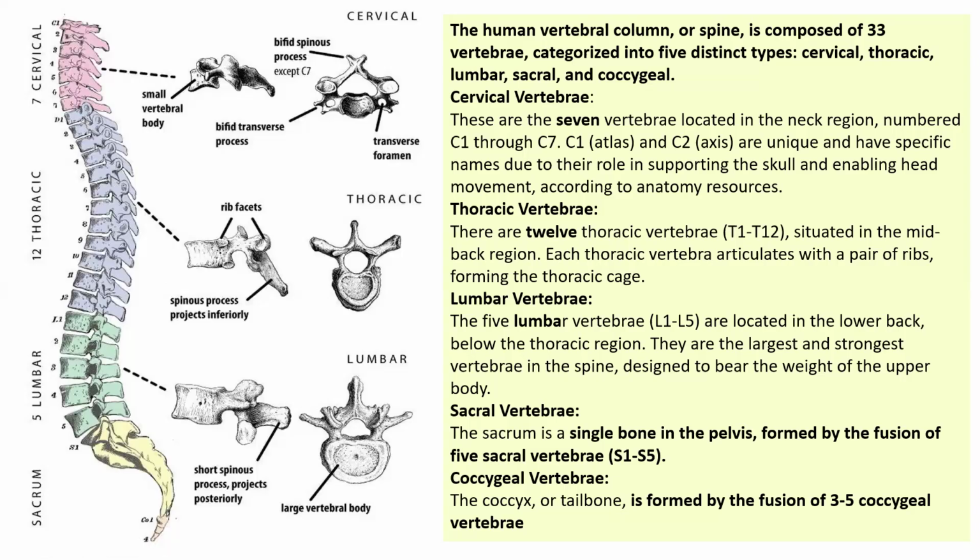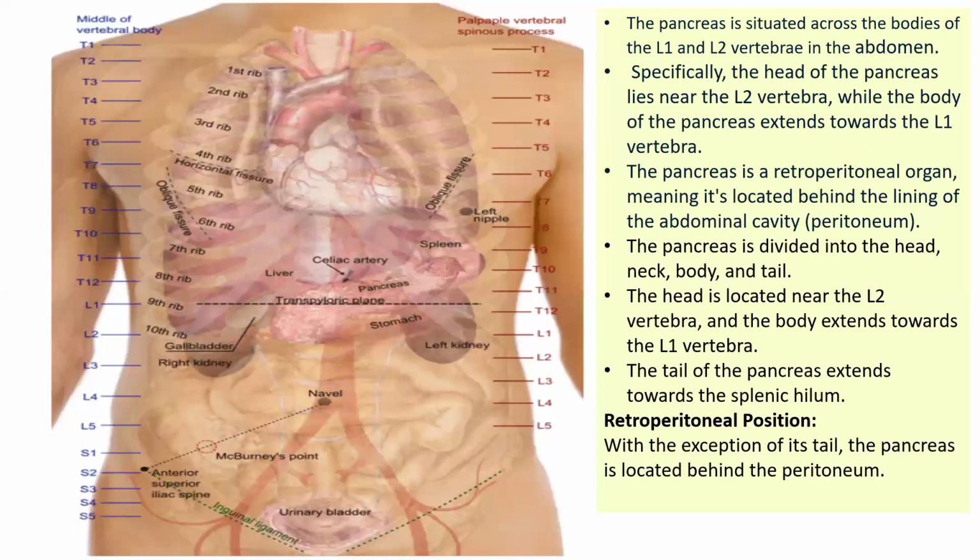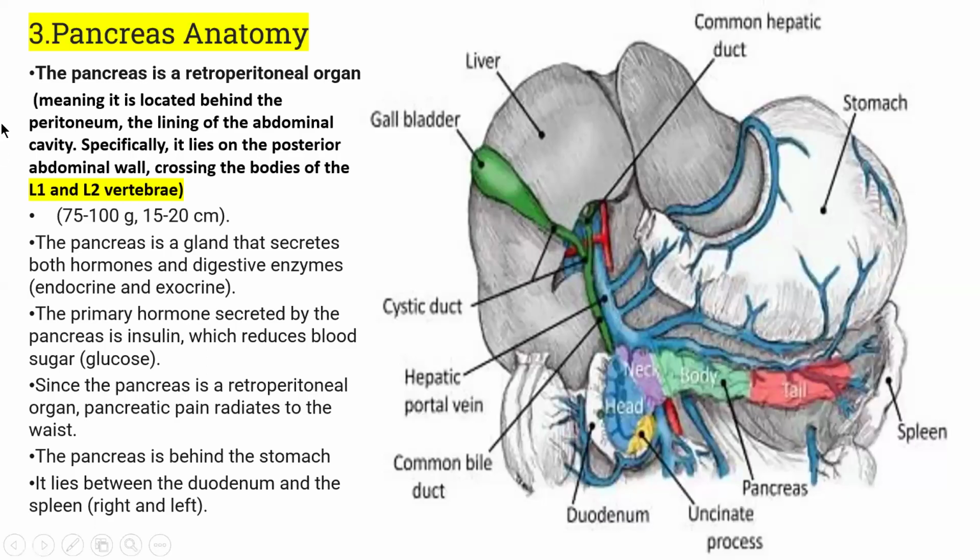Cervical, thoracic, lumbar, sacrum: at L1 and L2 is where your pancreas is present. So it is a retroperitoneal organ, which means it is located behind the peritoneum, the lining of the abdominal cavity.